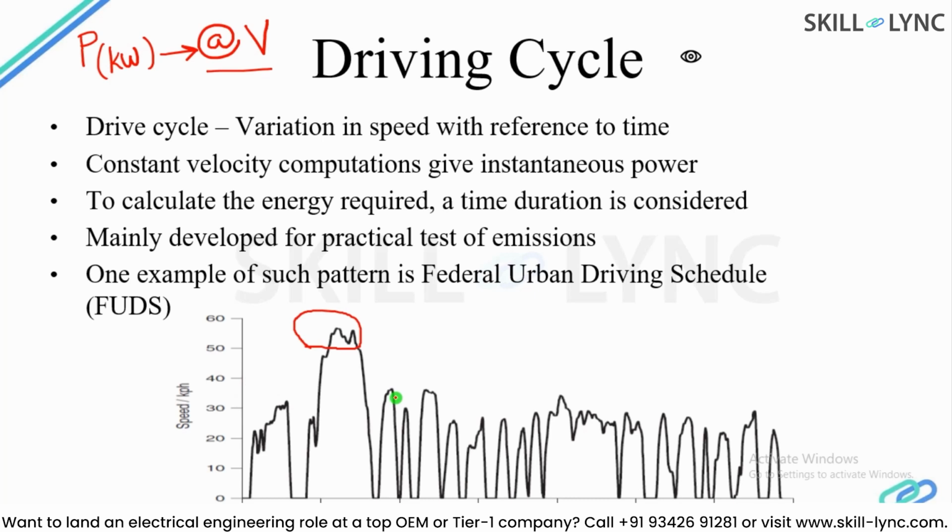If you consider the vehicle purpose as urban driving, in a city or in a traffic area, the average velocity will be much less. So these are some of the important points for a drive cycle.